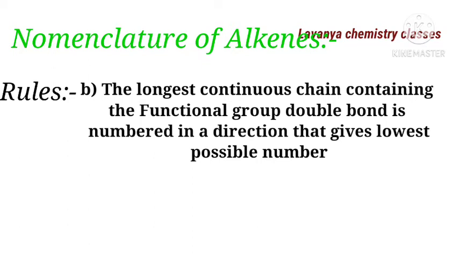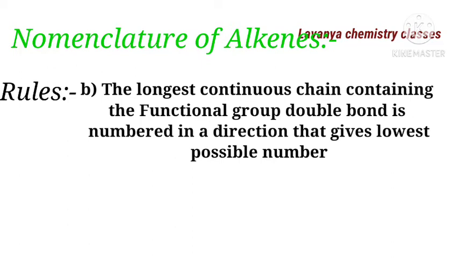It is the second rule. The second rule for naming alkenes is that the longest continuous chain containing the functional group double bond is numbered in a direction that gives the functional group the lowest possible number.